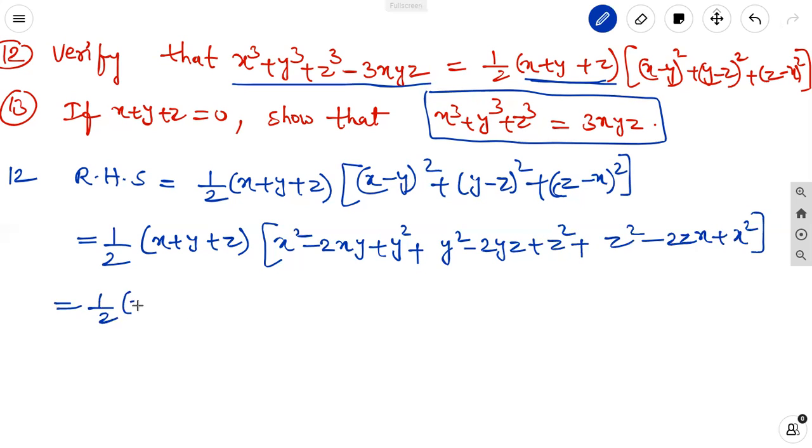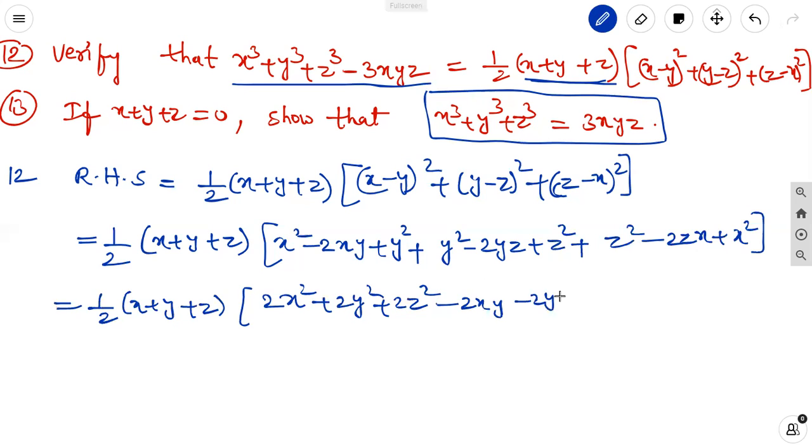1 by 2 into (x plus y plus z) into (x terms are 2x square, y terms 2y square, z terms 2z square, minus 2xy minus 2yz minus 2zx).